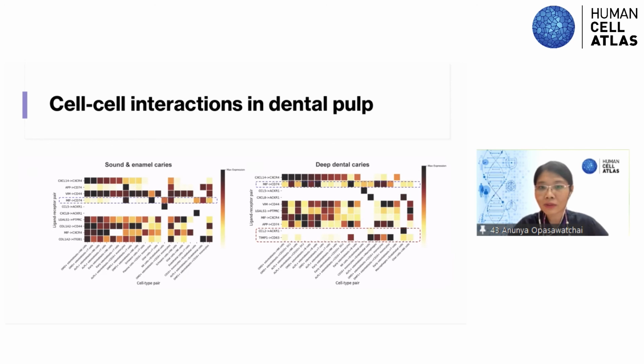That is CCL2 and ACKR1, which are expressed on the macrophages and the endothelial cells. And another interaction is between TIM1 and CD63, which are expressed by the odontoblasts and the myeloid cell subsets such as macrophages and monocytes.